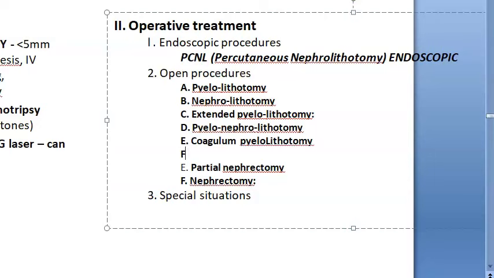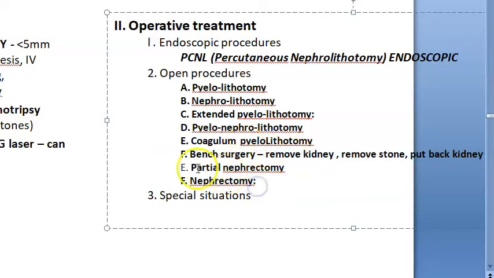Then one more thing we learnt was you do some bench surgery where you remove kidney, remove stone, put back kidney, which really is crazy to hear, isn't it? You will remove the kidney, cool it with some ice packs, then search for stones, remove the stones and put back the kidney in the right iliac fossa. Then you saw partial nephrectomy and nephrectomy.